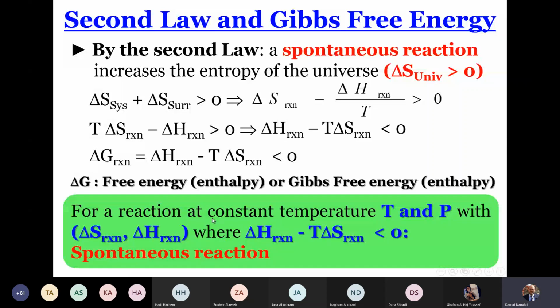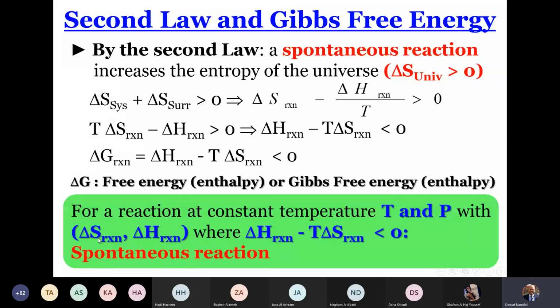So for a reaction at constant temperature and pressure, or at a given temperature and pressure, this reaction has delta S of the reaction and delta H of the reaction. Delta H of the reaction can be calculated by one of the four methods: algebraic, bond energies, enthalpy of formation, or cycle method.